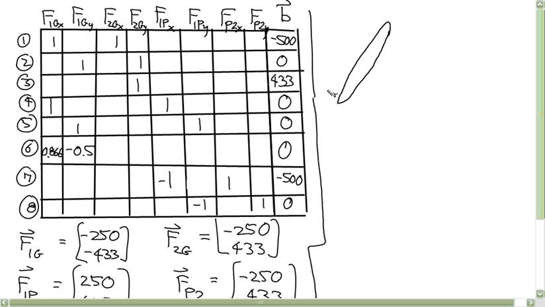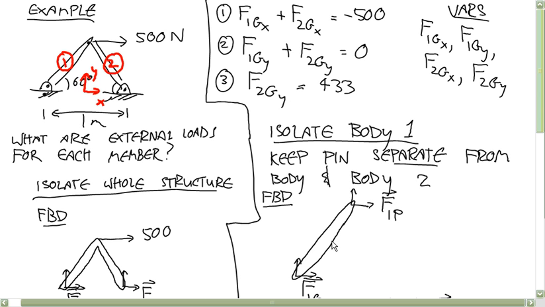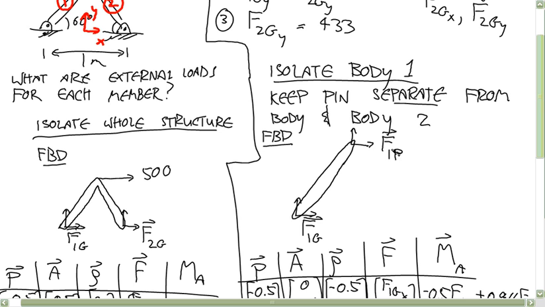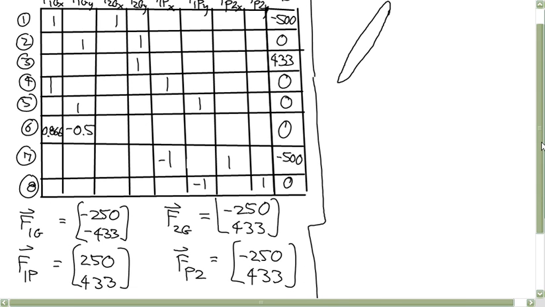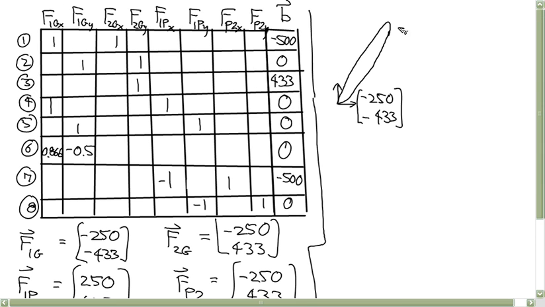So you can look back at the free body diagram and see how these variables relate for most of them. The forces on member 1 are 1g and 1p, and we have those. So the force vector down here is negative 250, negative 433, and 1p is 250, 433.